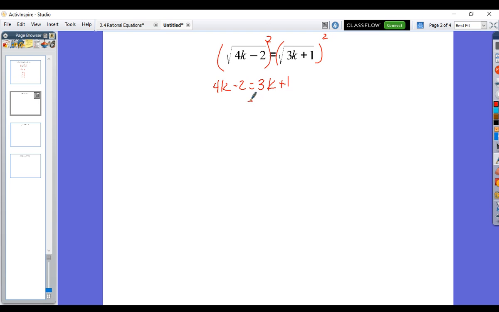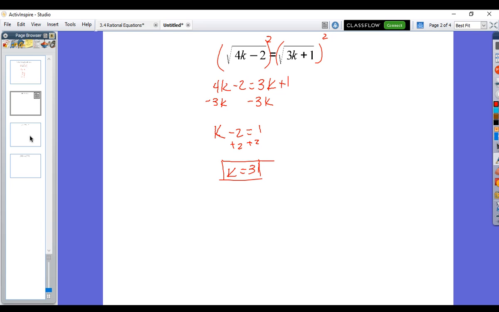So we'll subtract 3k. We subtract the smaller side from the bigger side, canceling, giving us just k minus 2 equals 1. And then we'll add 2 to both sides. K equals 3 in that case. Pretty simple, right? Let's look at some other ones.